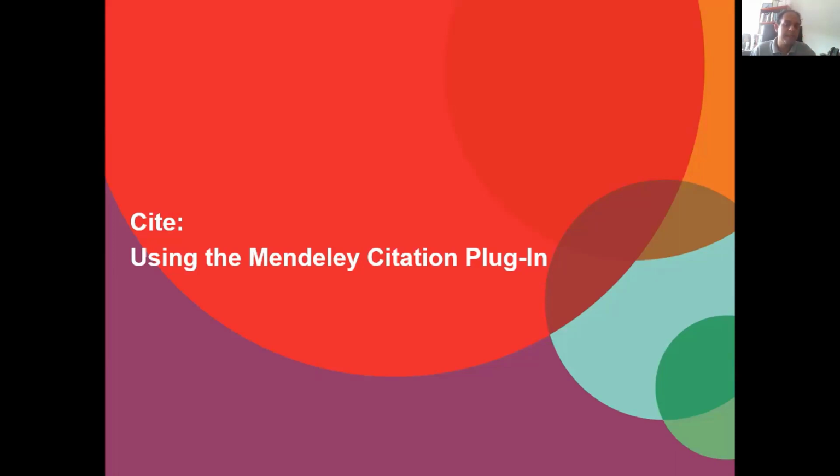Using a reference manager is very useful. The power of a reference manager is visible when you are writing your article, a conference paper, a journal paper, your thesis. That's where you will see the value. So for that, the first step is you have to add things properly.